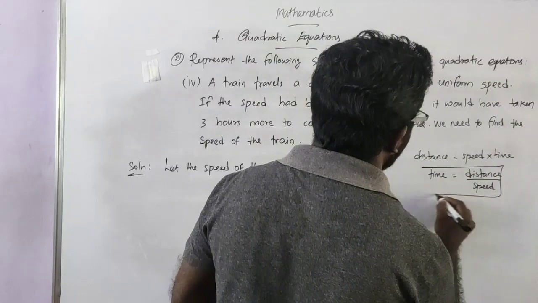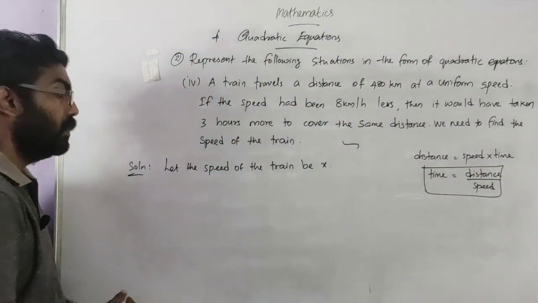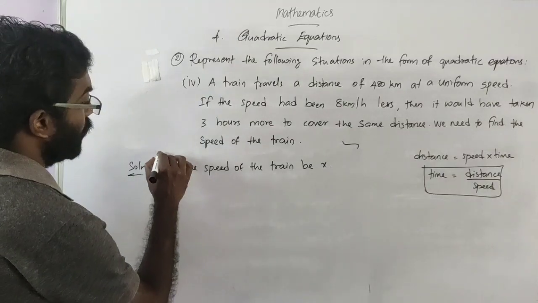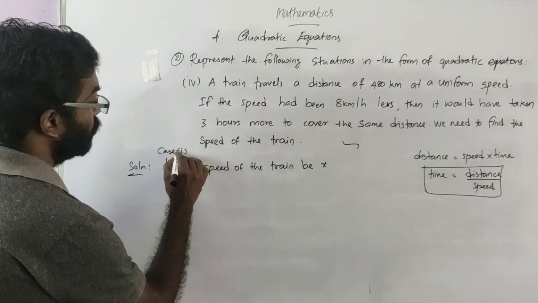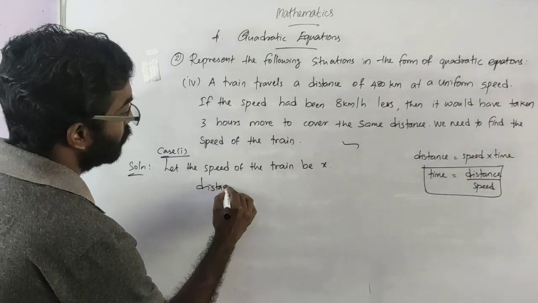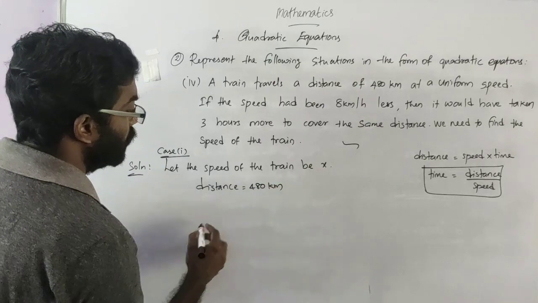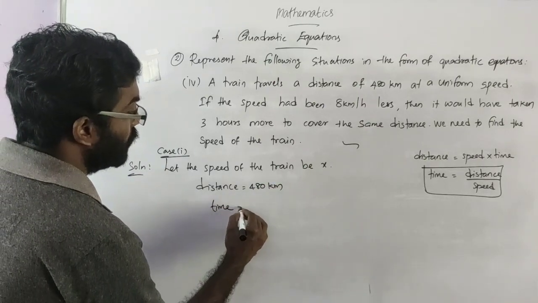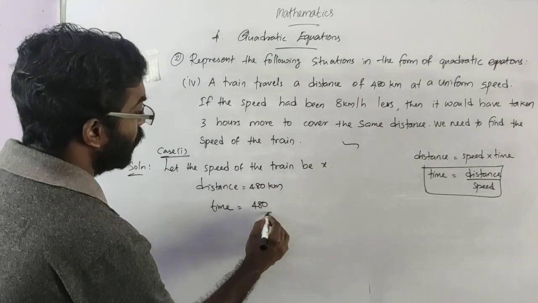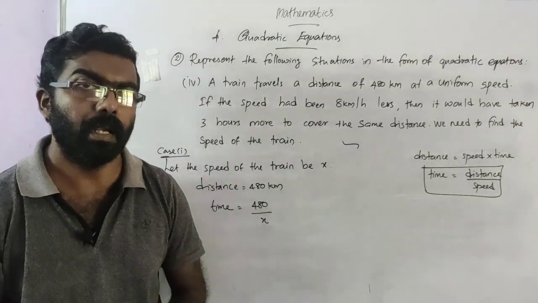We can take this relation, time is equal to distance by speed. So this can be considered as case 1. And here the distance is given as 480 km, and we can write the time as 480 divided by x, because time is distance by speed.